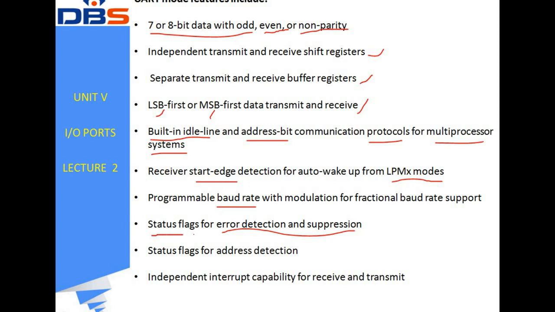Some status flags will be affected based on error detection and data suppression, and status flags for address detection also will be affected. Independent interrupt capability for receive and transmit, so it won't depend upon the receiving or transmitting data.